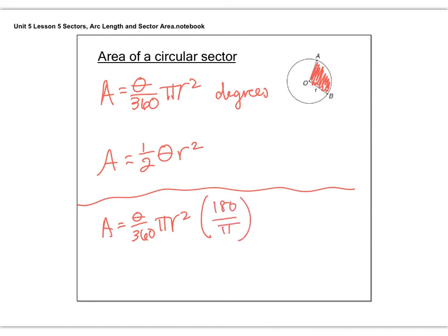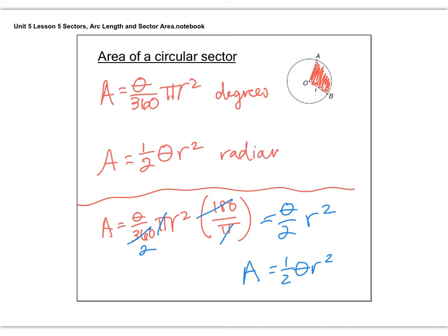So you can see we can cancel out the pi's. 180 into 360 goes in twice. So what do we have left? We have theta over 2 r squared, which is the same as 1/2 theta r squared. So again, this is if you're dealing in radians.